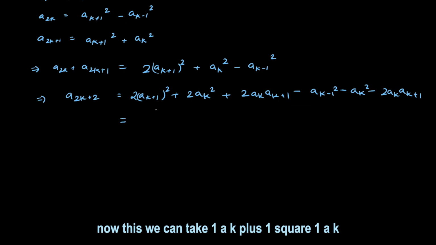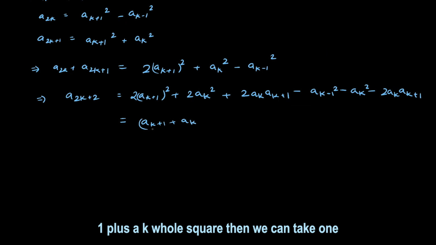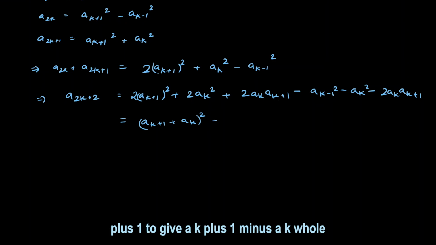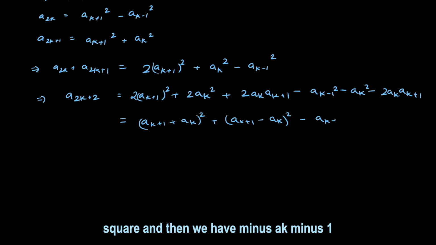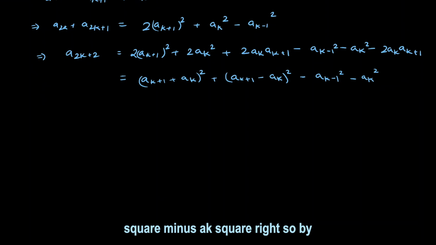Now this, we can take one a_{k+1} square, one a_k square, and 2a_k into a_{k+1} to give a_{k+1} plus a_k whole square. Then we can take one of a_{k+1} square, one of a_k square, and the minus 2a_k into a_{k+1} to give a_{k+1} minus a_k whole square. And then we have minus a_{k-1} square minus a_k square, right?